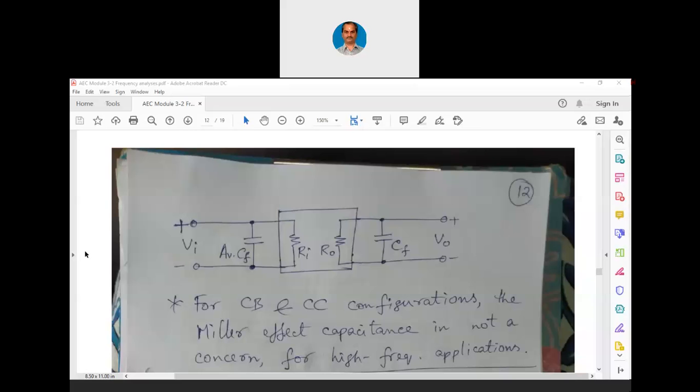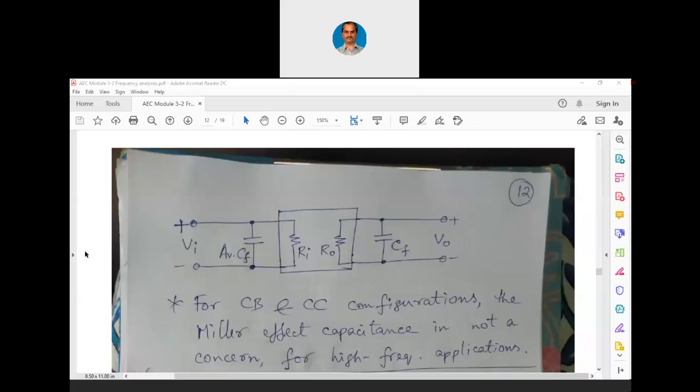What about common drain? Now in case of common drain, what happens there is between gate to source. What is that particular capacitance? Between gate to source, that is going to be a forward bias junction. So in such a case, again the Miller effect capacitance is not a concern.